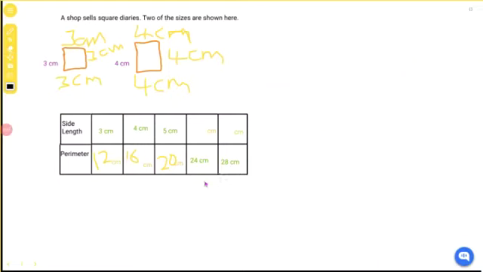So that's right. So I wonder if we can fill in the side length using this pattern, because if we can see, this first number is 3 centimetres, this is 4 centimetres, and this is 5 centimetres.